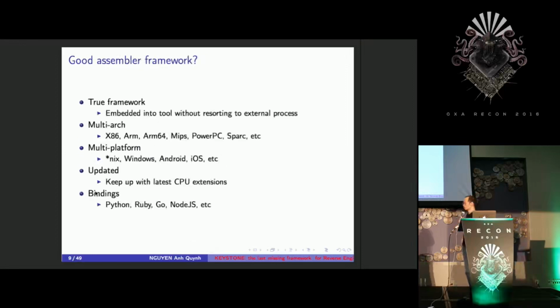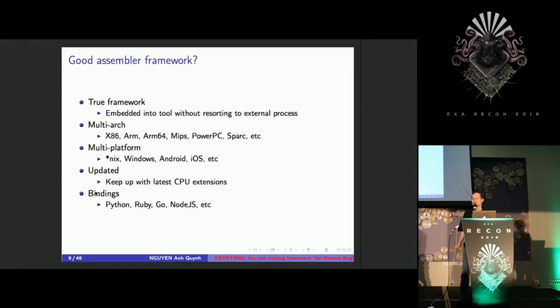So what is a good assembler framework? Here's my definition for a good assembler framework. First, it must be a true framework, which means it allows you to embed the framework into your tool without having to call an external process. It should support multiple architectures: x86, ARM, ARM64, MIPS, PowerPC, Sparc, and other important and popular architectures.